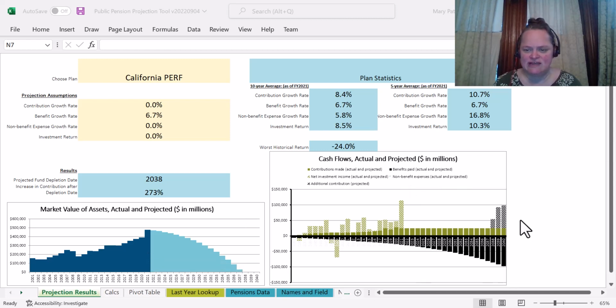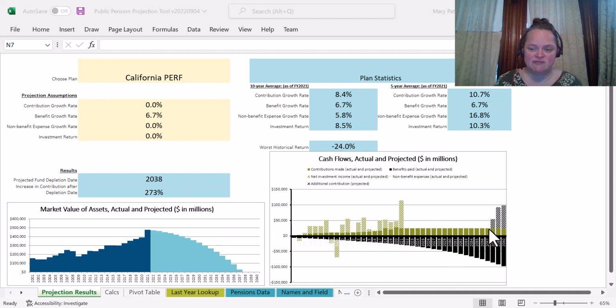And so you can see in the year 2040, we have near $100 billion in benefits walking out the door. That really eats away at this $500 billion in assets if you're only contributing about 25 billion a year. You're not covering the amount that's going out.